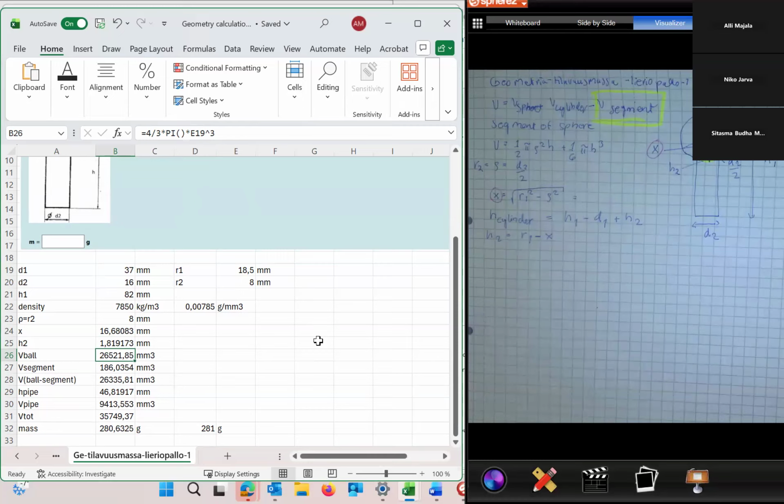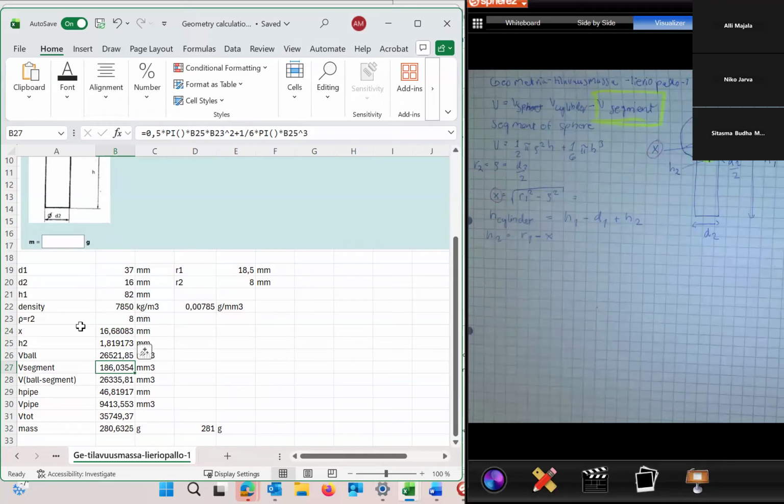I never seen anything inside there. I don't know why you have to put the brackets. Then the segment equation is a bit complicated, but that's just the thing from here. Yes. And then the ball minus segment, then the height of this.